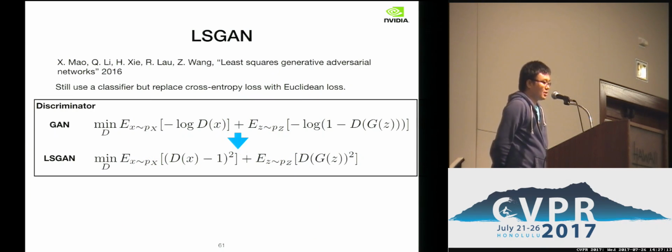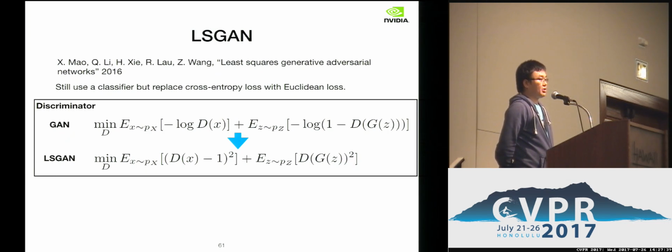Another objective function that people suggest for GAN training is the LSGAN, the Least Squares Generative Adversarial Network. In the original GAN formulation, we use cross entropy loss.